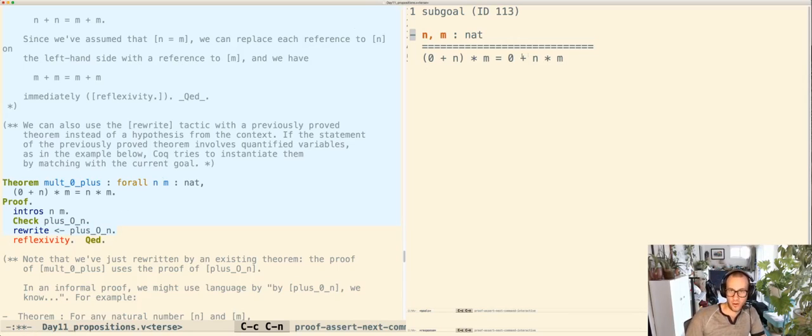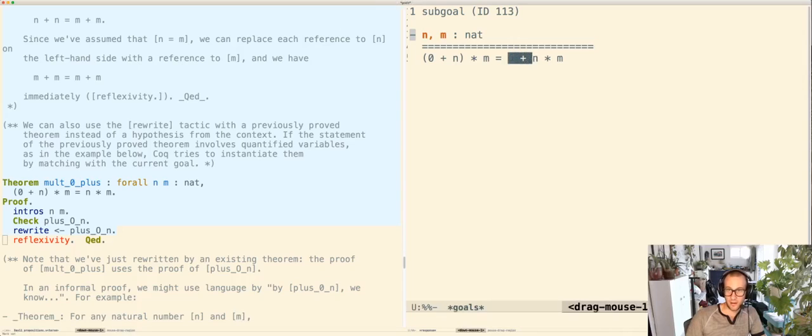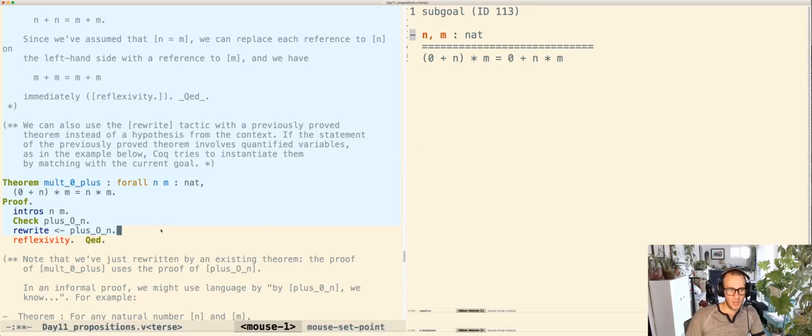So it found a place where there was an n and turned it into 0 plus n. It didn't rewrite everywhere. It just did one of them. So if in the middle of your proof you think, oh, let me get rid of this n plus 0 or whatever, well, if it goes the wrong way, if you guess wrong, just go the other way.